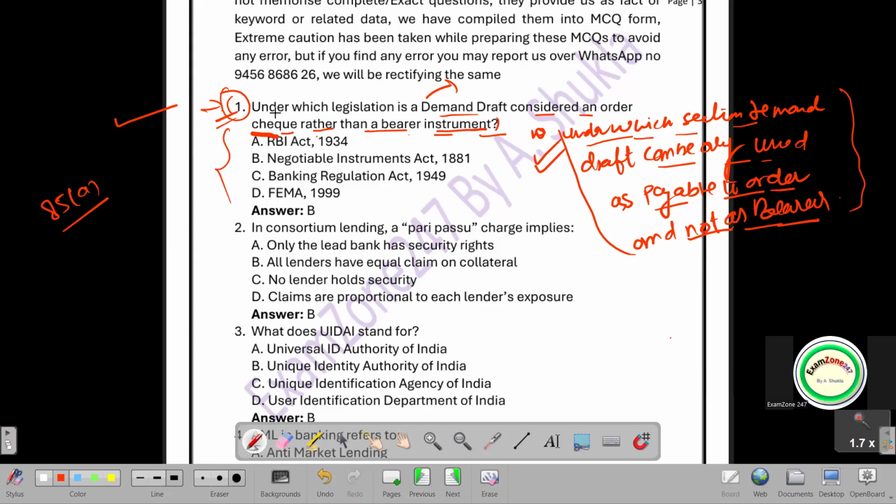A very good question, very expressly nice question, was asked by RBI. I am messaging to everyone. Under which section demand draft.